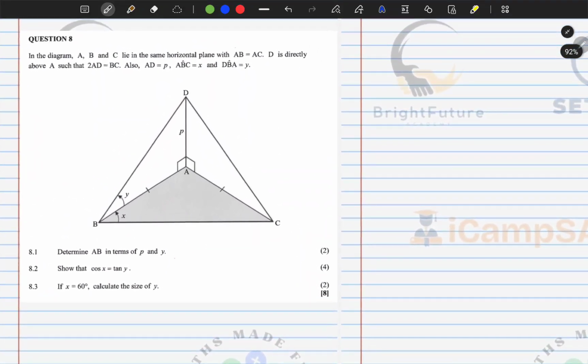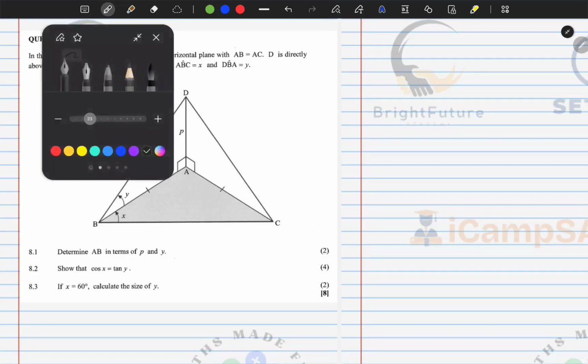Let's read this problem, which reads: in the diagram, A, B, and C lie on the same horizontal plane, with AB equal to AC, and D is directly above A, such that 2AD equals BC.